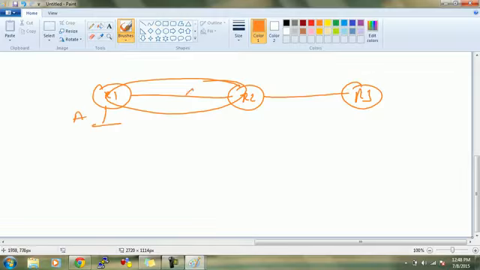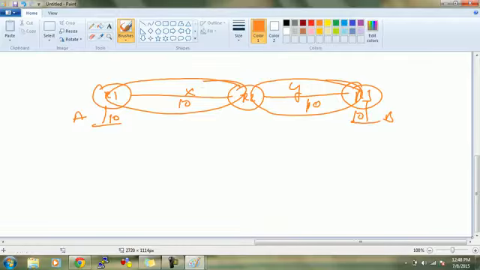A, X, Y, B. The costs are 1, 10, 10, 10, 10. Fine.